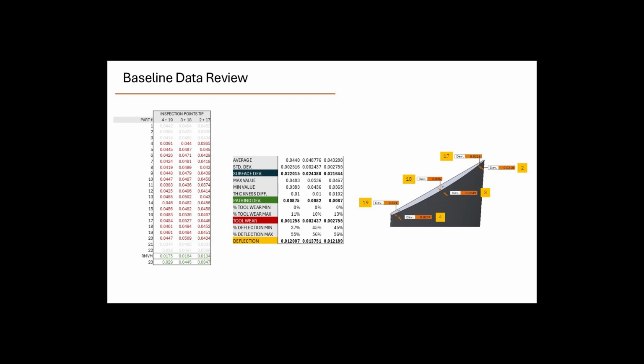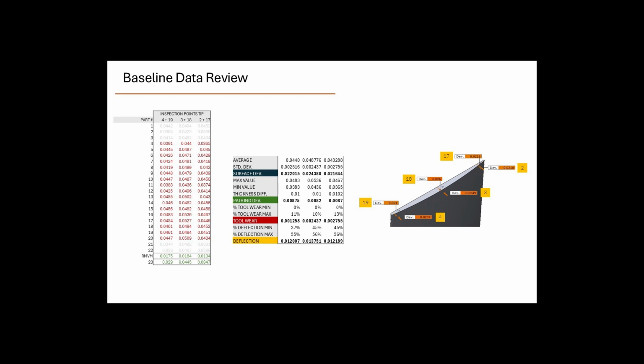And so we're associating standard deviation to tool wear exactly because we've already extracted out the distortion. Pathing deviation comes in by running my virtual machine, exporting the produced virtual piece, and running the inspection. What we saw was a pathing deviation of 8 thousandths right out of the box.